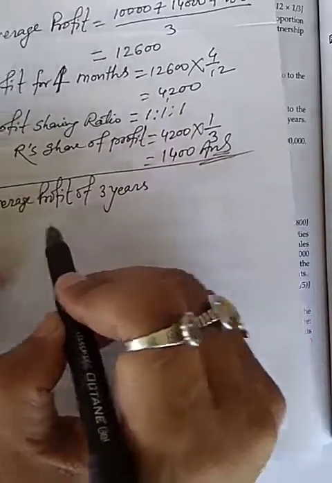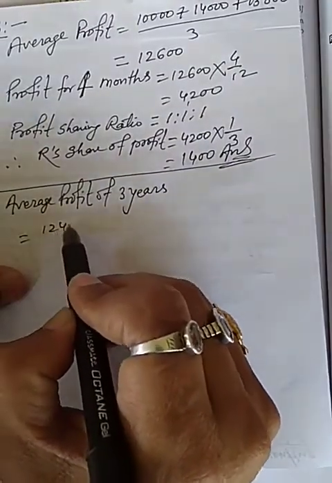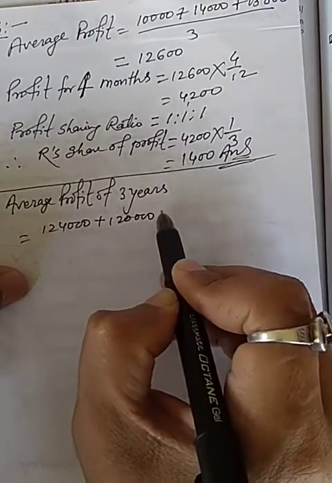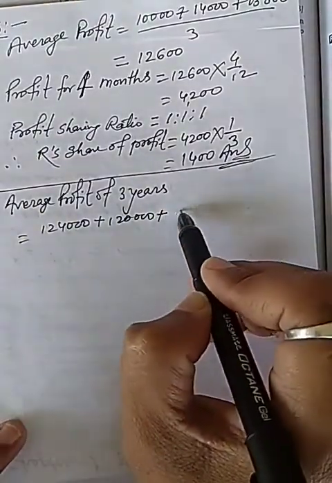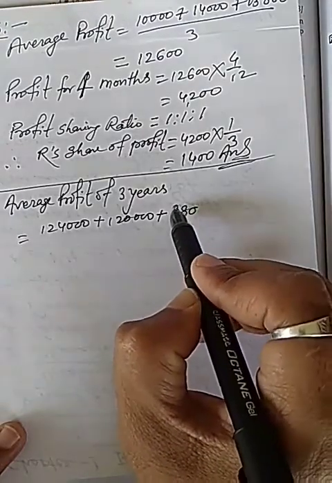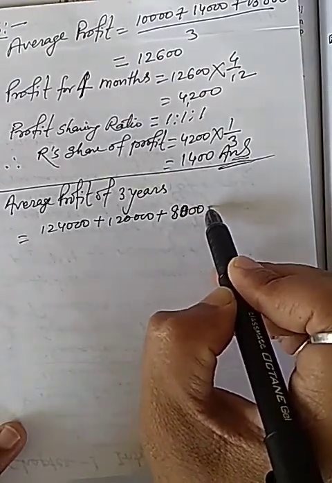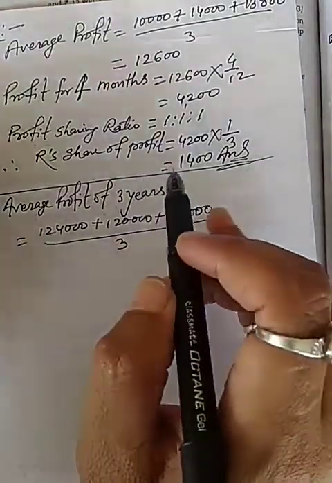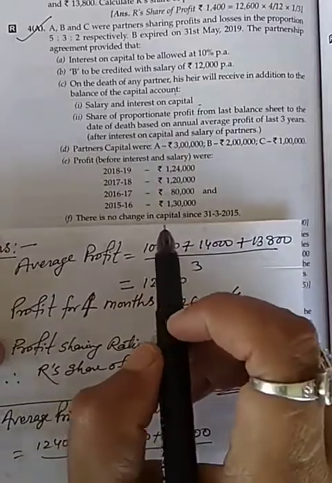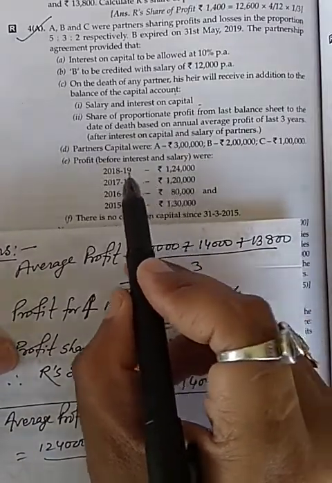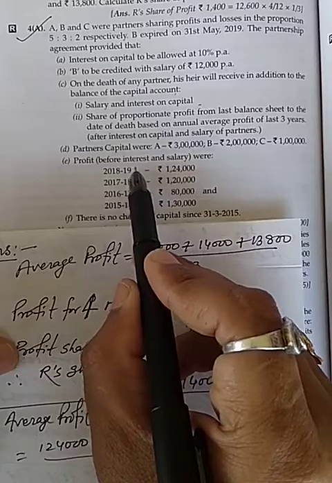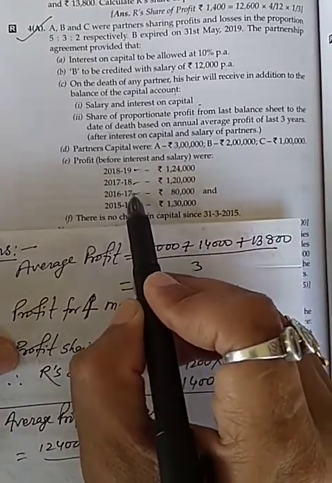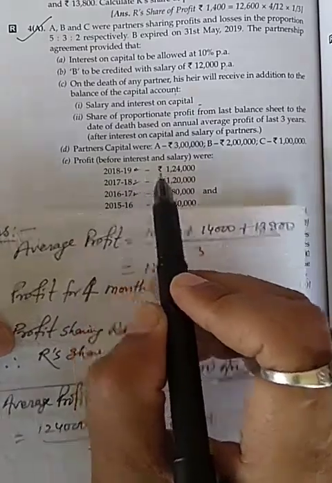It will be 1,24,000 plus 1,20,000 plus 80,000 divided by 3, because the previous years' profit will be of 17, 18 and 19.